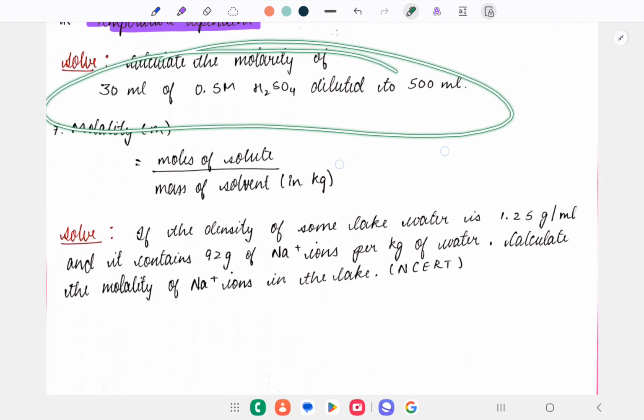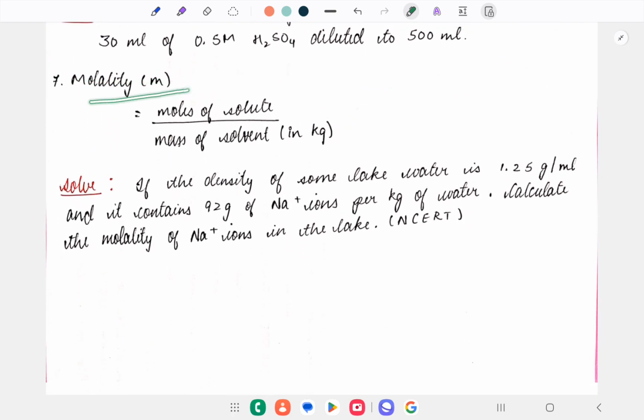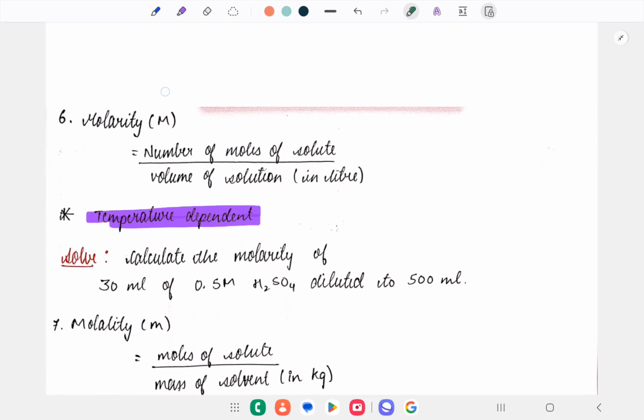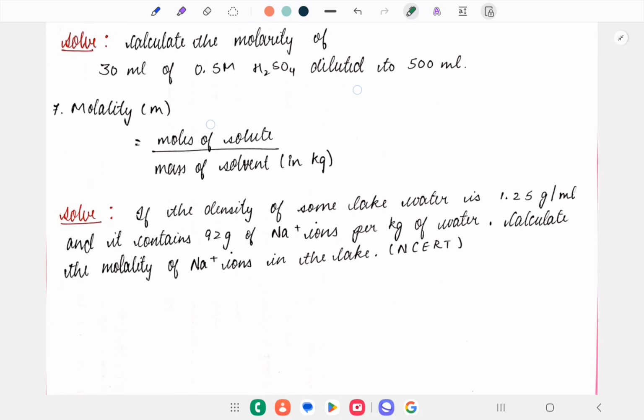You can solve it. Moving to the next one, that is molality. It is represented by small m. This is very important to remember. Molarity is capital M. Molality is small m. So molality is defined as the number of moles of solute per kilogram of the solvent, not the solution. It is solvent.